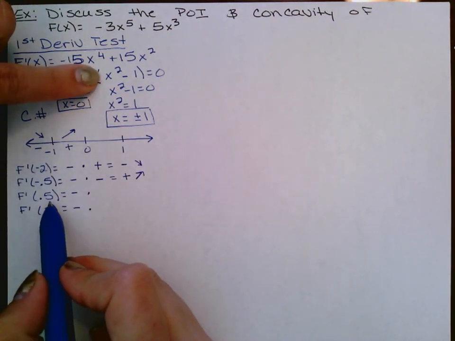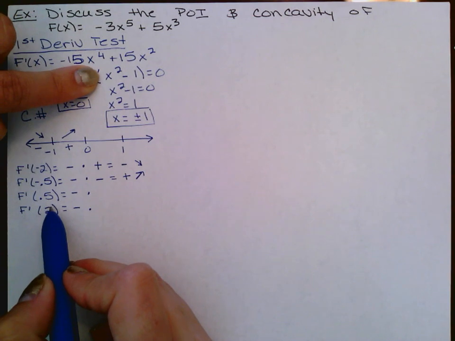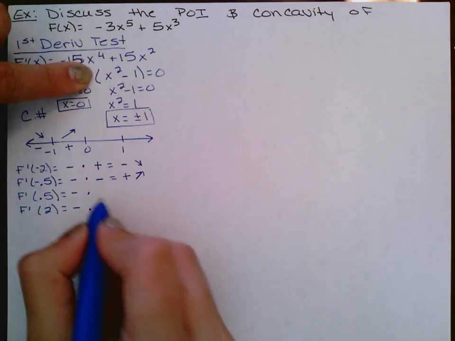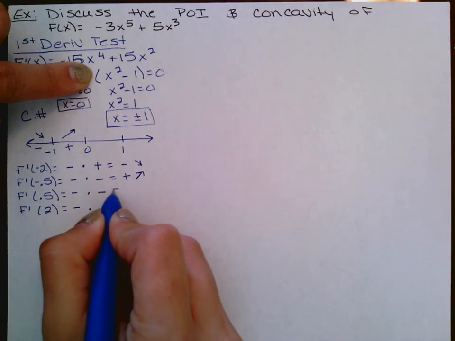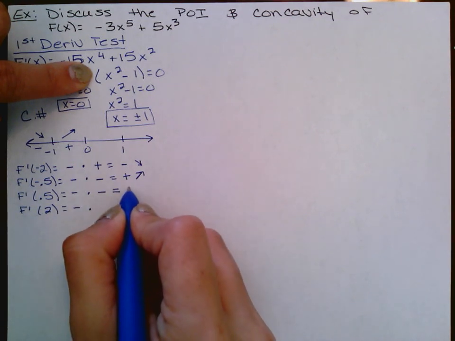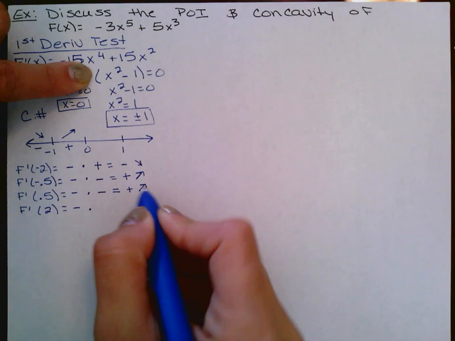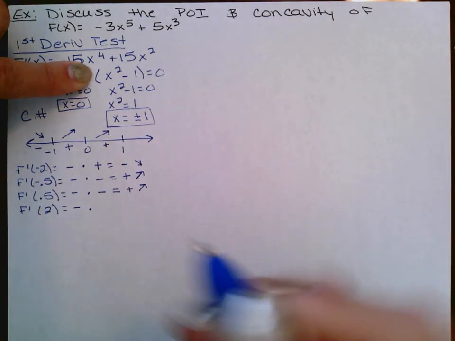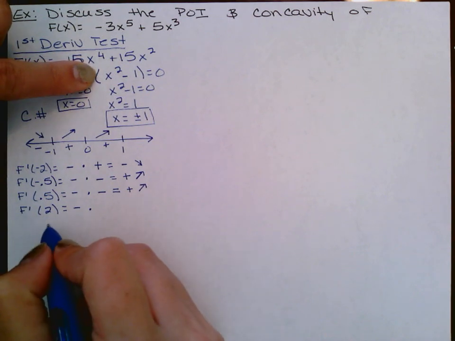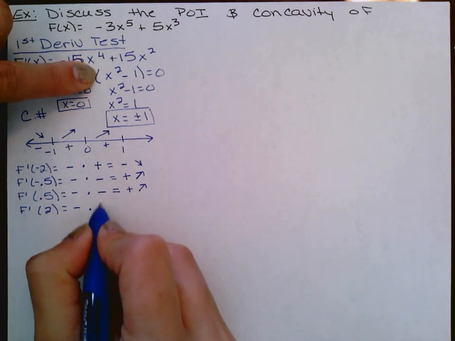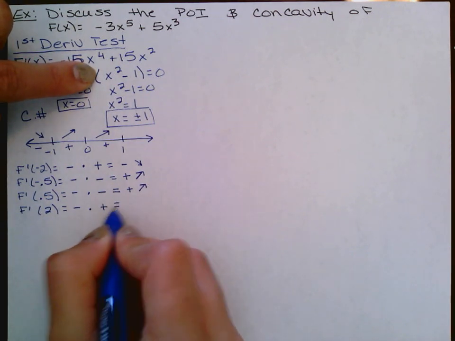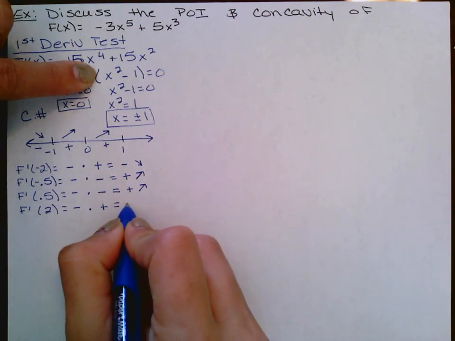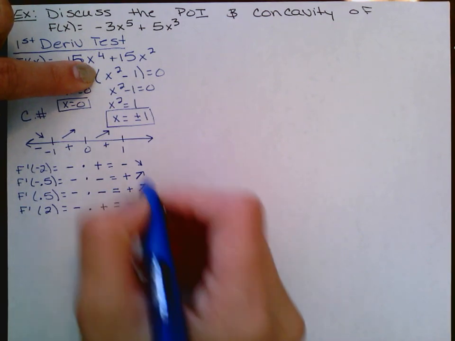If I put a positive 0.5 squared, it still gives me a positive 0.25. Minus 1 gives me a negative again. Negative times negative is positive. I'm increasing still. Okay. And last one, if I put a 2 in here, 2 squared is 4. 4 minus 1 is a +3. Negative times positive is negative. I switch to decreasing.